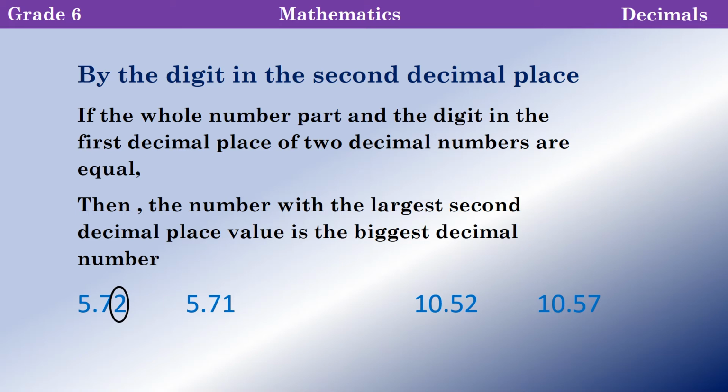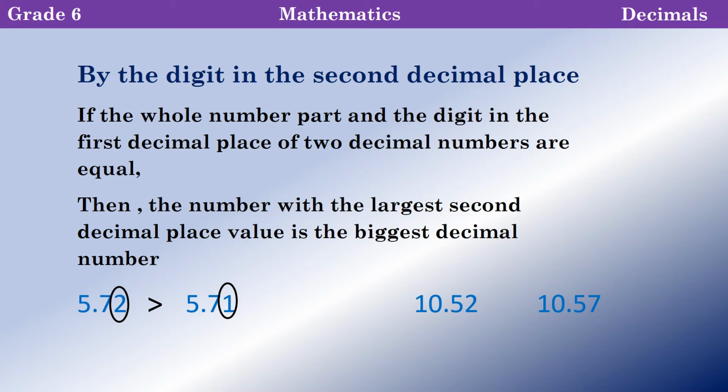Therefore, we compare the second decimal place of those two decimal numbers. The second decimal place values are 2 and 1. And we know that 2 is bigger than 1. Therefore, we can say that 5.72 is greater than 5.71.